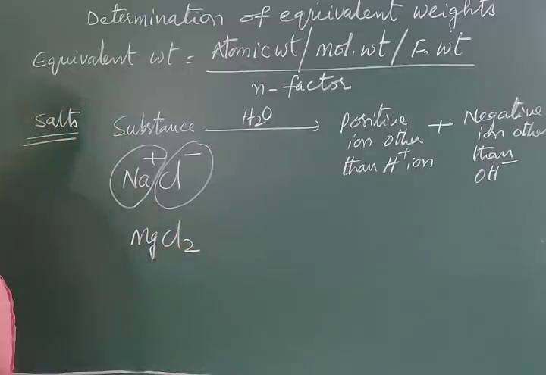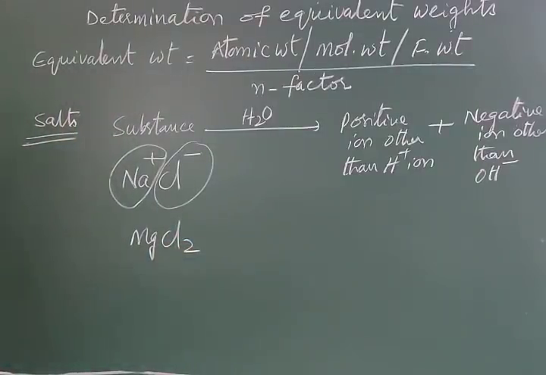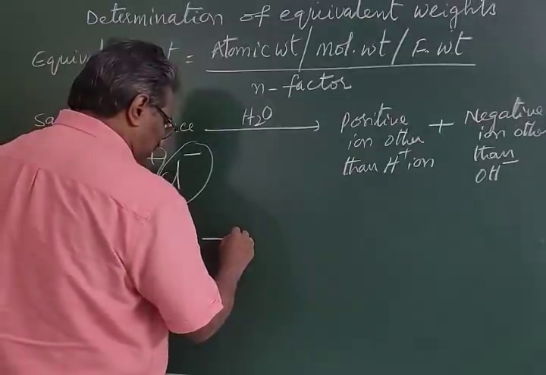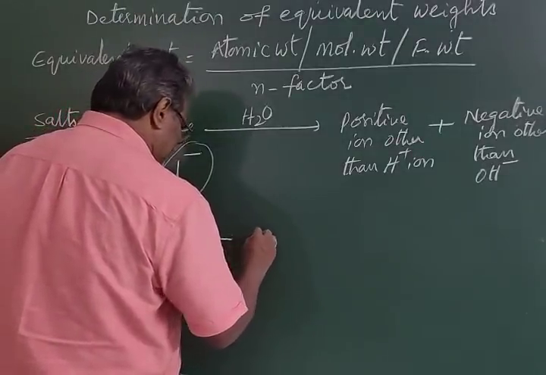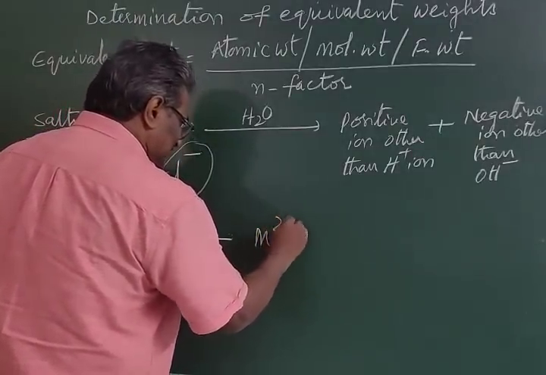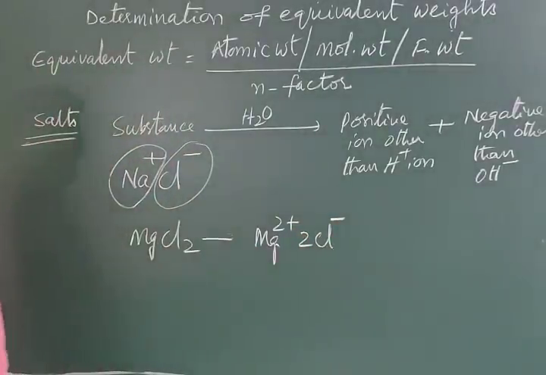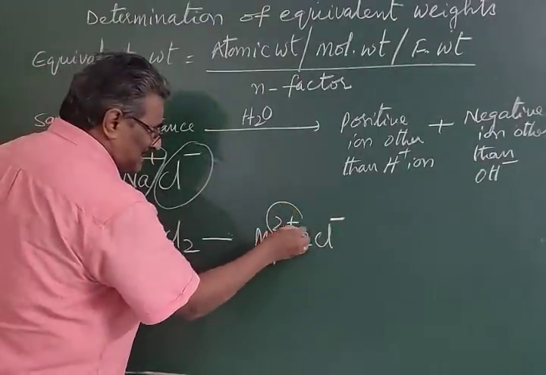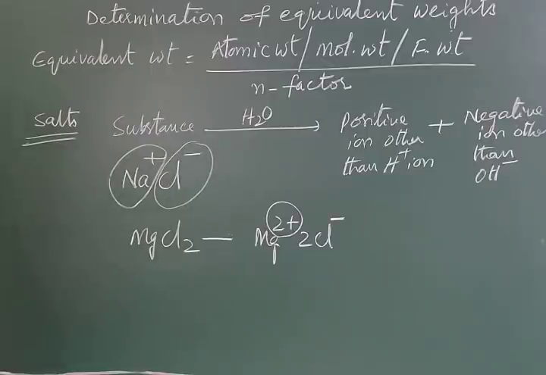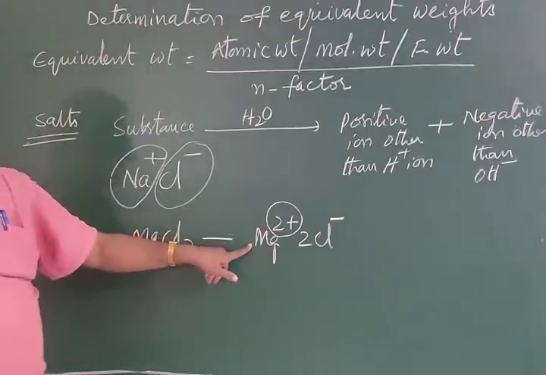Magnesium chloride, for example, is made up of Mg2 plus ion and 2 Cl minus ions. What is the amount of positive charge present in one formula unit of magnesium chloride? 2 units of positive charge.